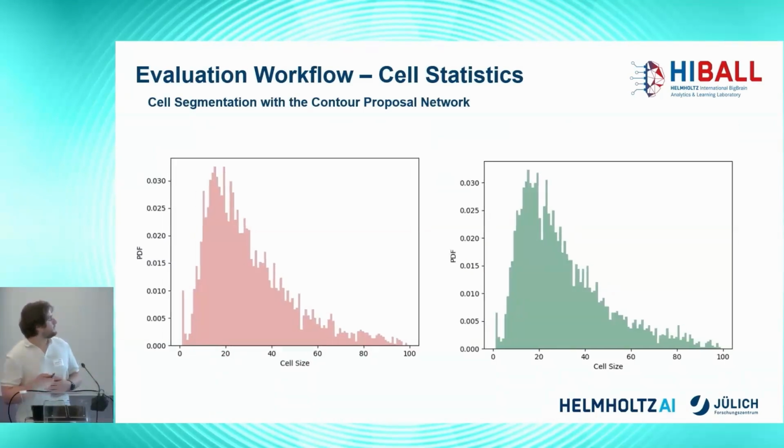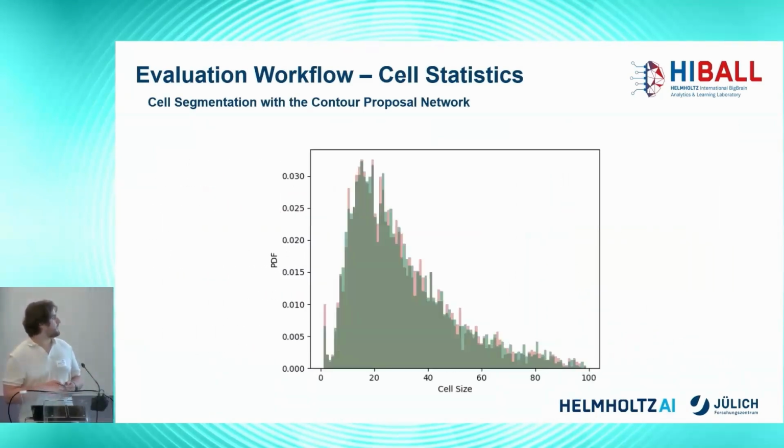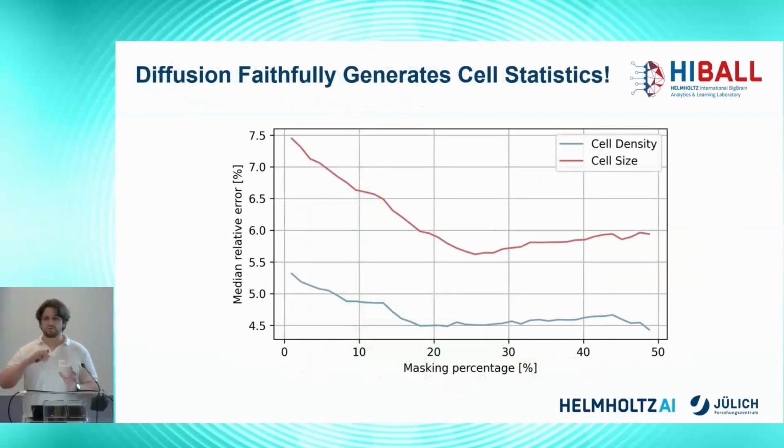Comparing these two distributions, we can get a deviation, some score, for example, a relative error, some percentual deviation. And if we do this for enough patches with enough different sizes of occlusion, so how large the artifact is that we simulate, we get this type of graph.